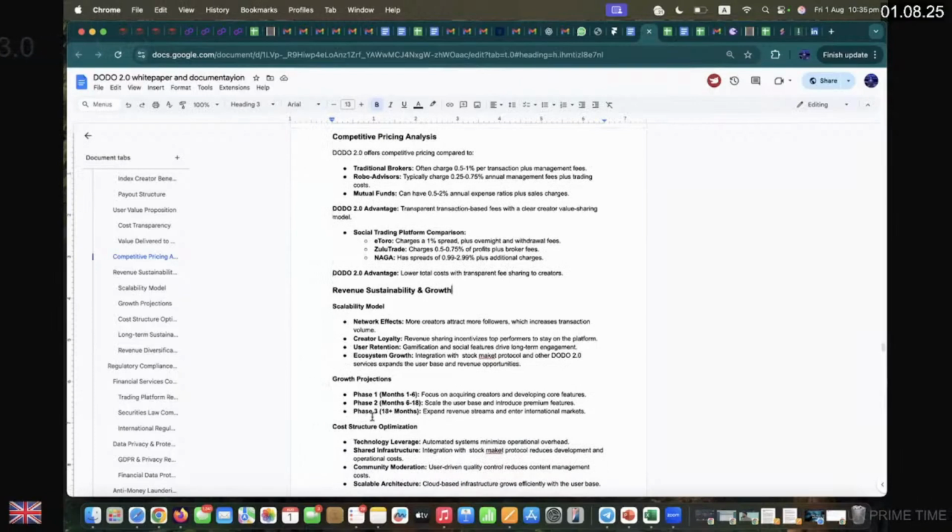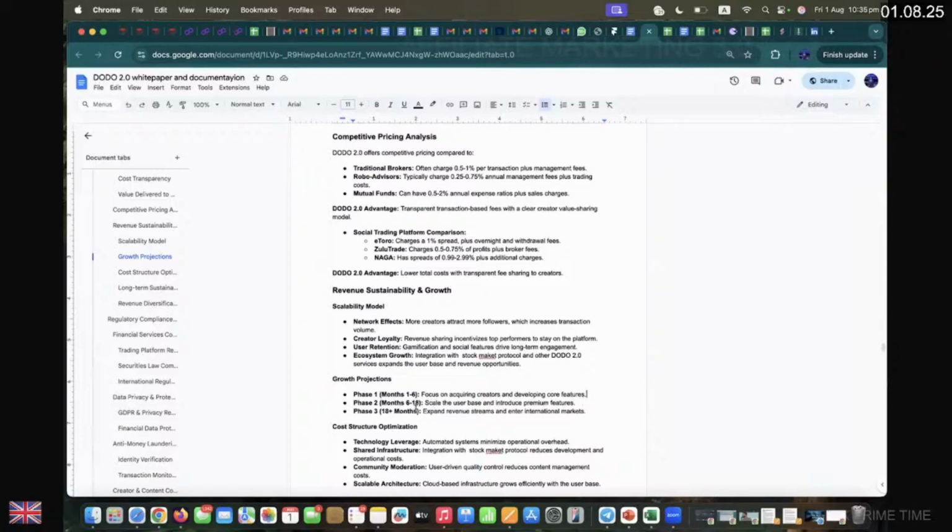Growth projections. We have the entire growth projection of the platform defined for the next 18 months to 2 years. In the first phase, in the first 1 to 6 months, we will focus on acquiring creators and developing core features of the platform. In phase 2, in 6 to 18 months, we will scale the user base and introduce premium features.